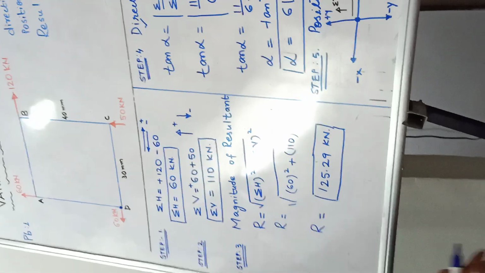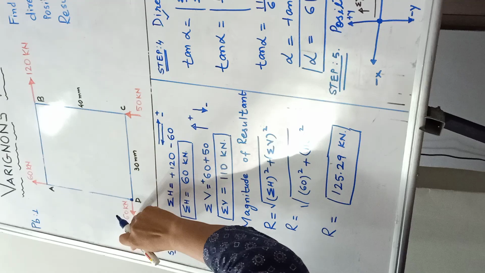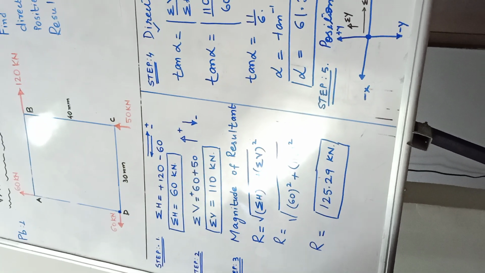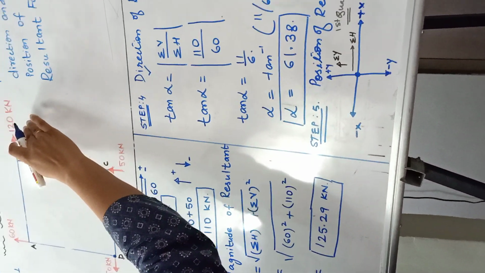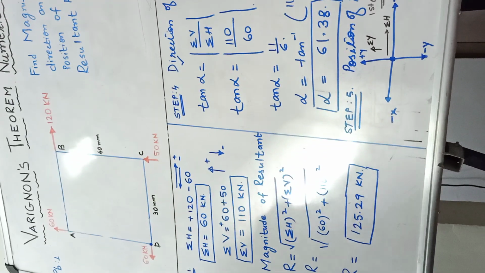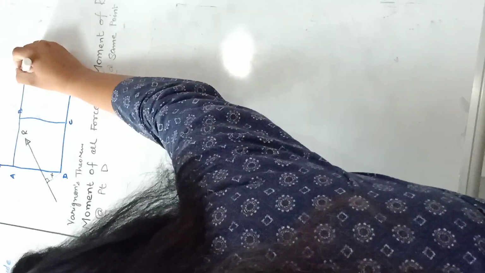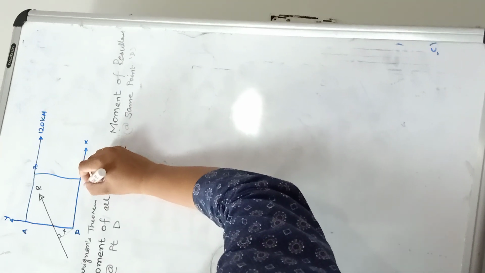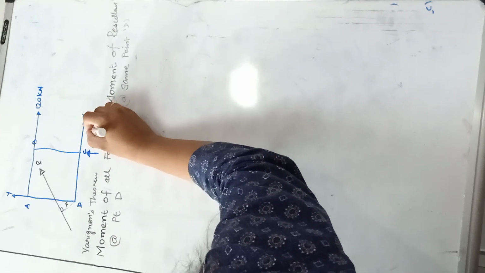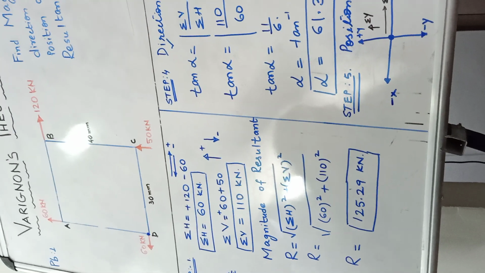We can see that the 60's line of action will coincide with D. This 60 will also coincide with D. So which are the two forces that are producing moment? One is 120 and another is 50. I can show here that this is 120 kilonewton and this is 50 kilonewton. I hope you have understood why we are not considering both the 60s.